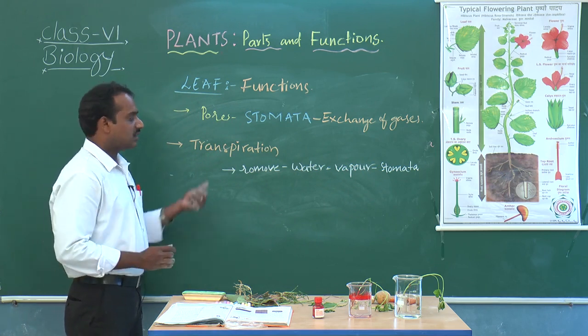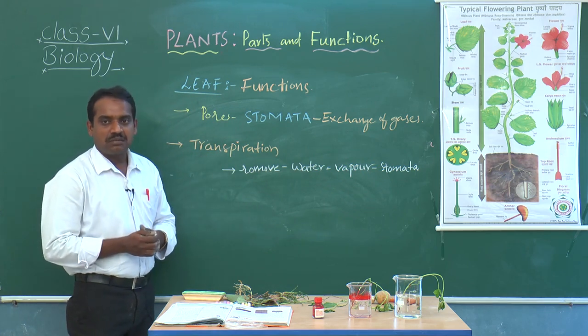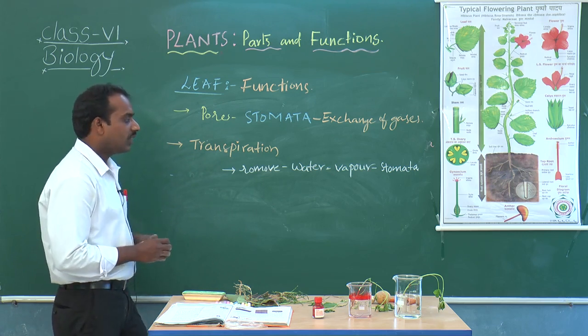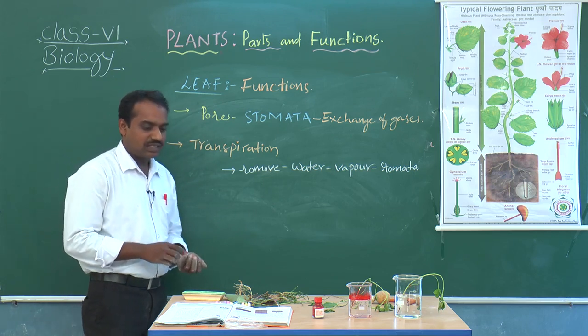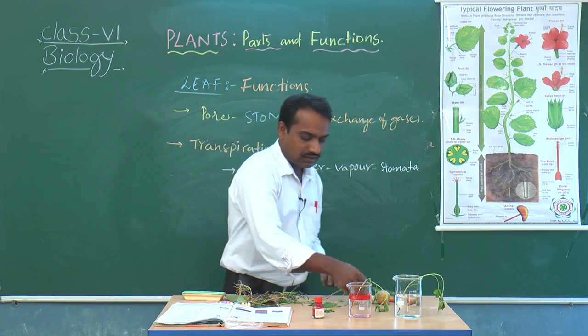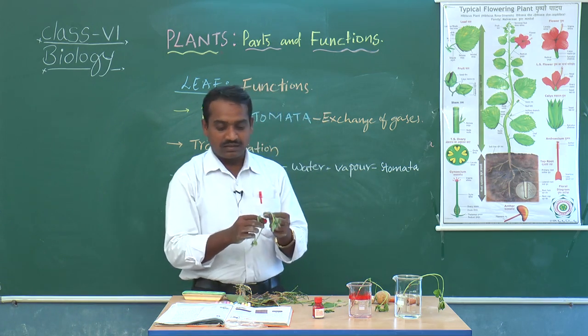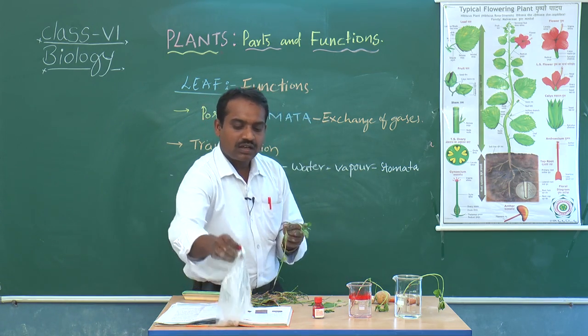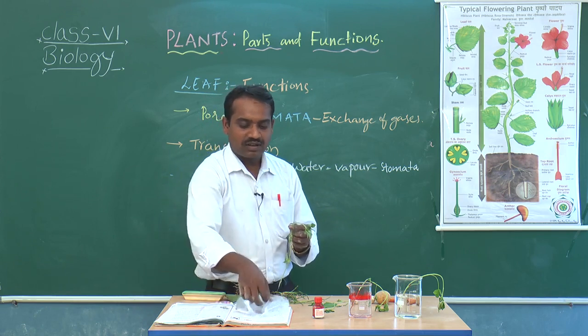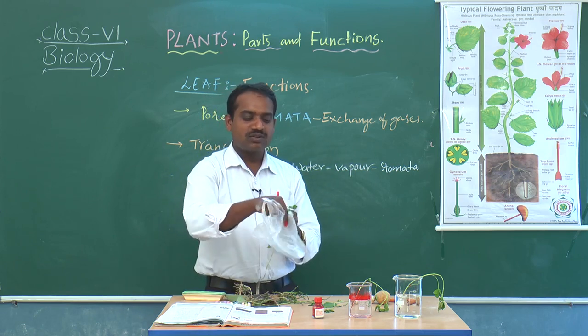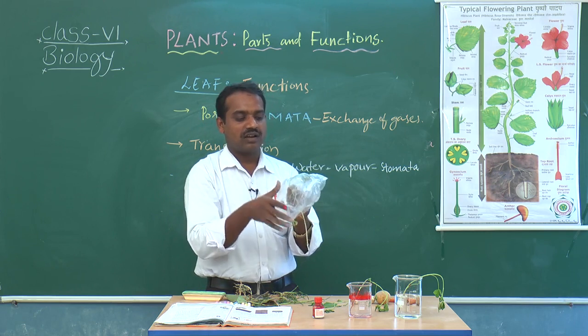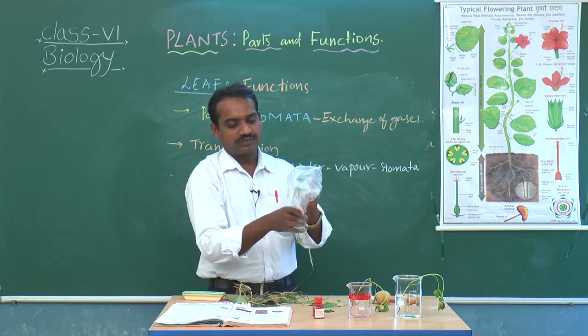Let us understand the process of transpiration by an activity. Take a healthy potted plant, take a polythene cover and enclose the plant with the polythene cover by tying its mouth.